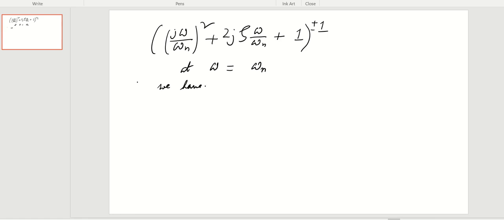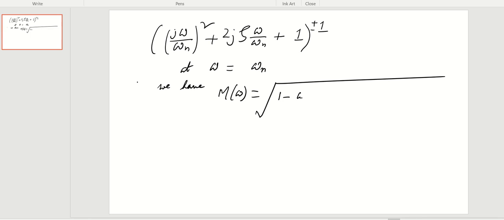Let us consider omega equal to omega n. We have M of omega equal to the square root of (1 minus omega square by omega n square) whole square plus 4 zeta square omega square by omega n square.